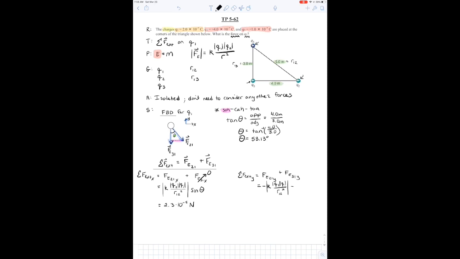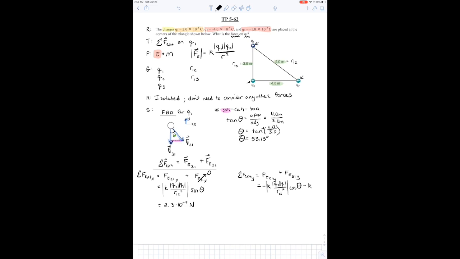Then I also have a minus, excuse me, I almost forgot, I gotta make sure I identify my y component there. Make sure I'm adding this cosine of theta, because that electrostatic force coming from charge 2 acting on charge 1 has a y component. So I have to use my cosine according to SOHCAHTOA. And then I'm going to subtract the electrostatic force coming from charge 3 acting on charge 1.